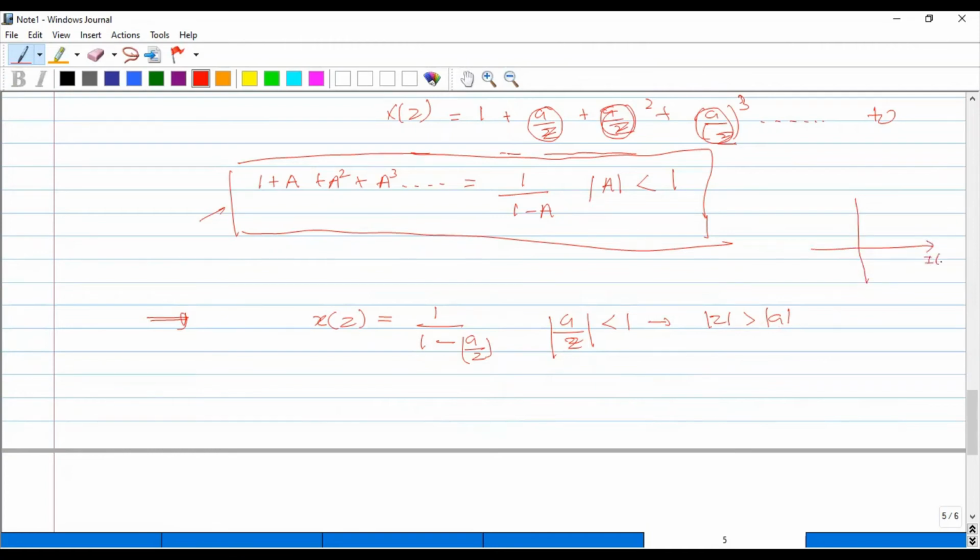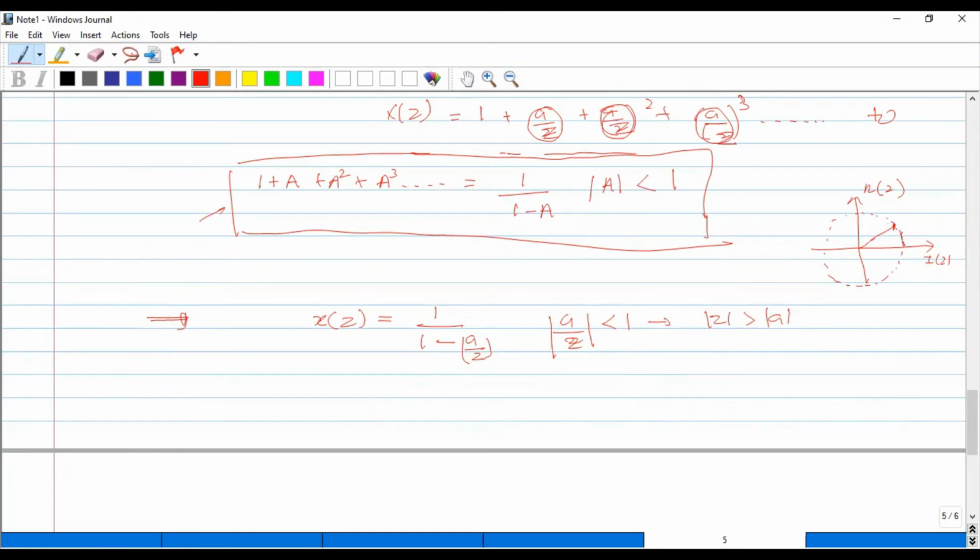If I get the z plane, this is imaginary z, and this is real z. If we draw this, the magnitude of z is like this. If we take any point, it will be the magnitude of z, and the magnitude of z should be greater than a.